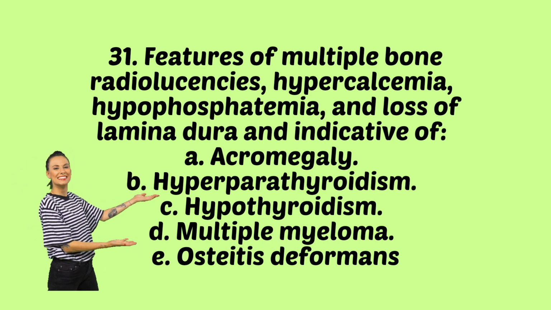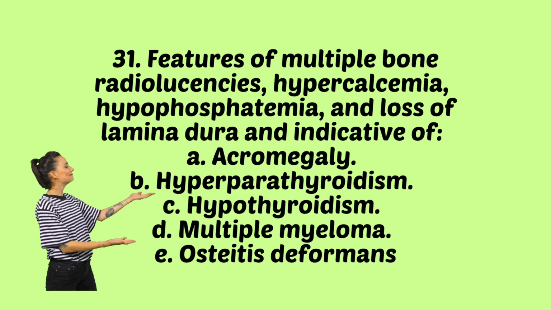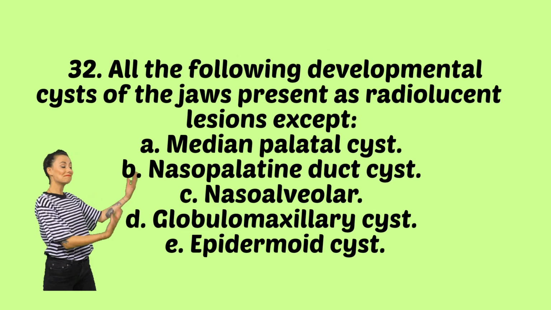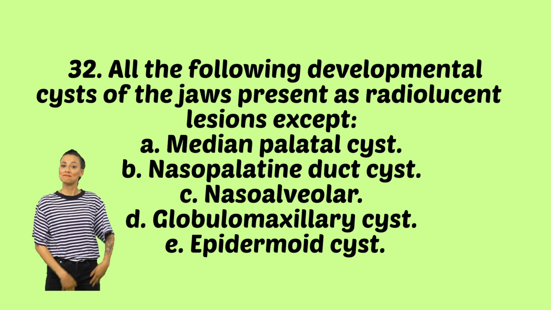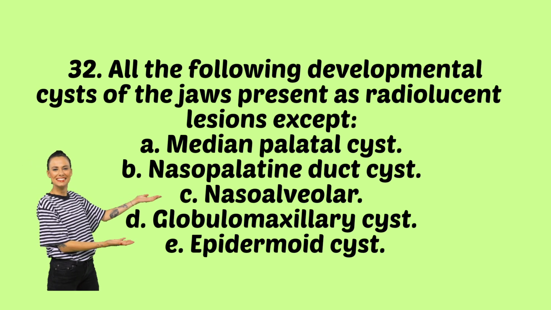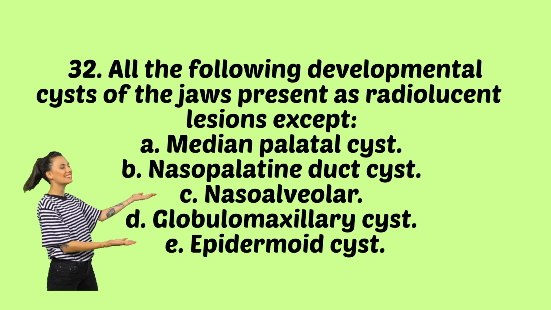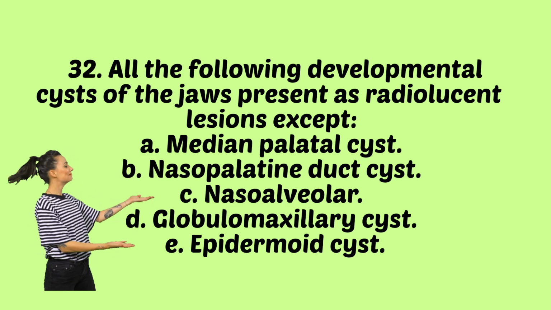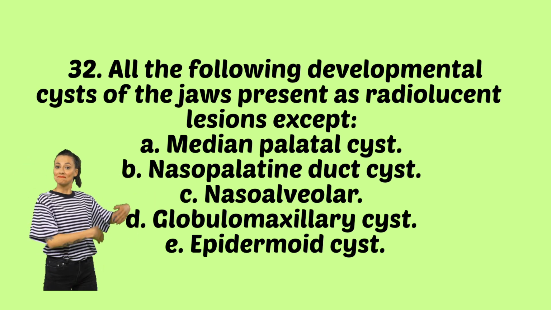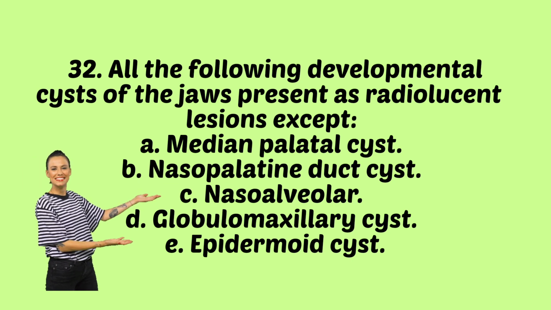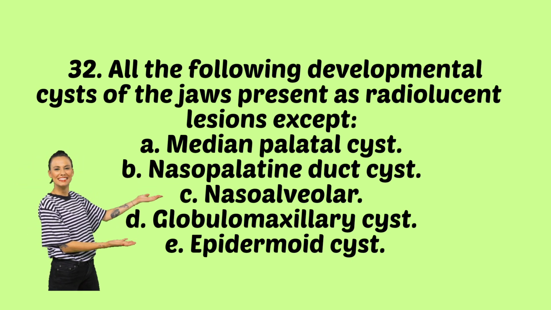Option B is correct. Hyperparathyroidism. 32. All the following developmental cysts of the jaws present as radiolucent lesions except A. Median palatal cyst. B. Nasopalatine duct cyst. C. Nasoalveolar. D. Globulomaxillary cyst. E. Epidermoid cyst. Option C is correct.